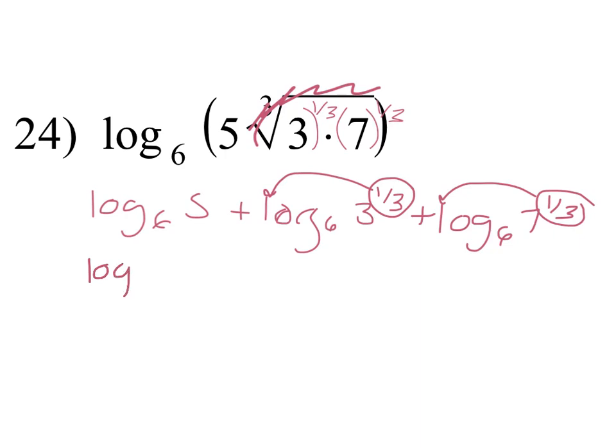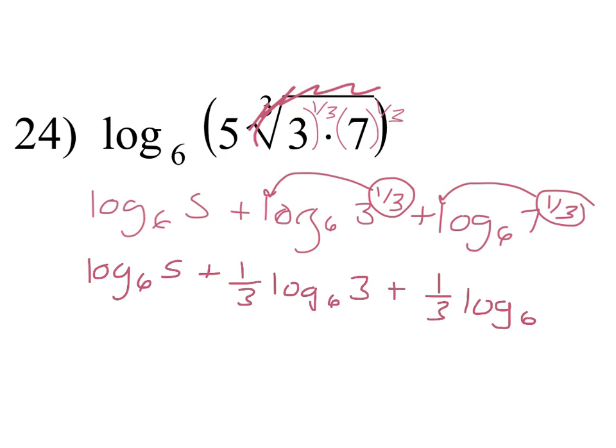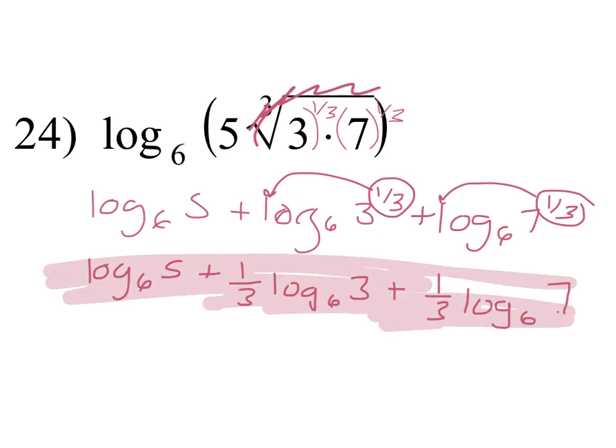So we have log base 6 of 5 plus 1/3 log base 6 of 3 plus 1/3 log base 6 of 7. Any questions here? No questions on expanding logs?